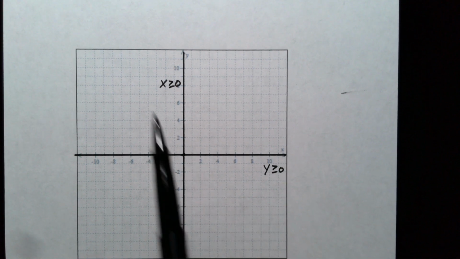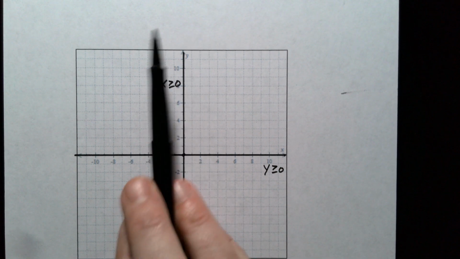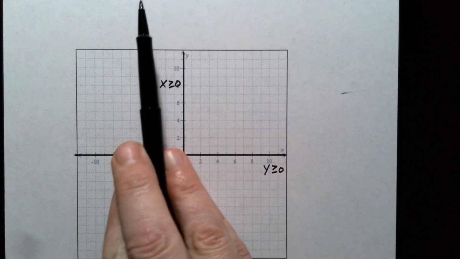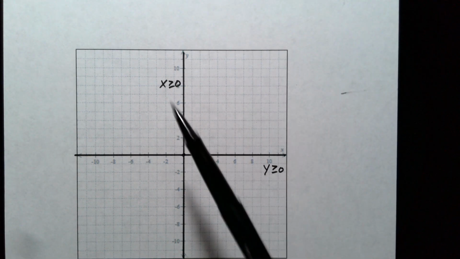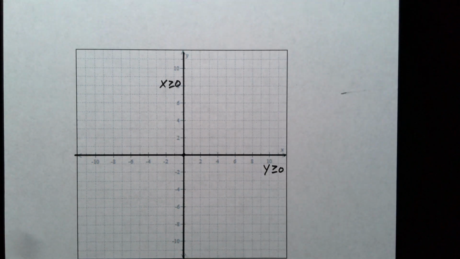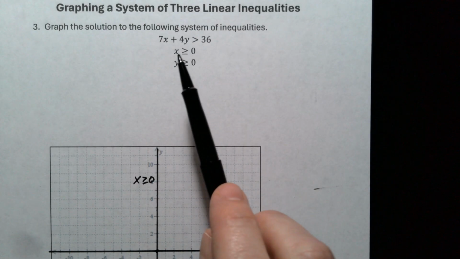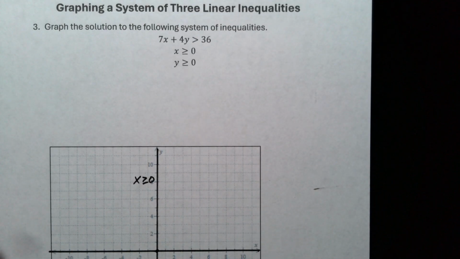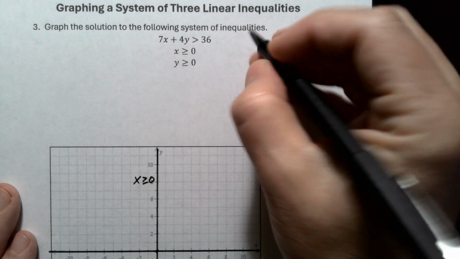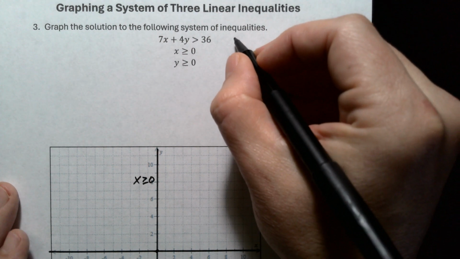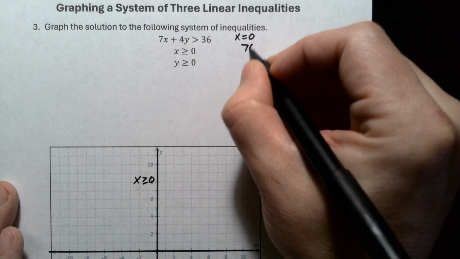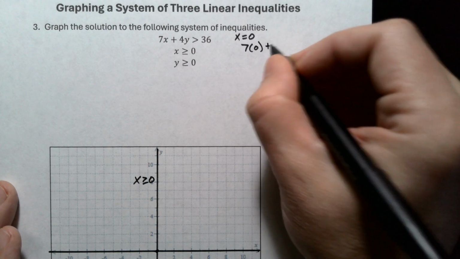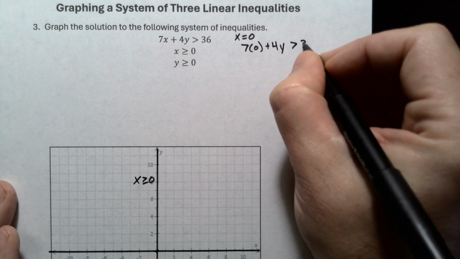So we have x is greater than or equal to 0, which means to the right, and y greater than or equal to 0 is up. So we know we're here in this little box, this quadrant, but our 7x plus 4y greater than 36 is going to determine how this final graph looks. So let's plug in some points. I'm going to use 0 for x again, just like I did in the first two. So that is 7 times 0 plus 4y greater than 36.